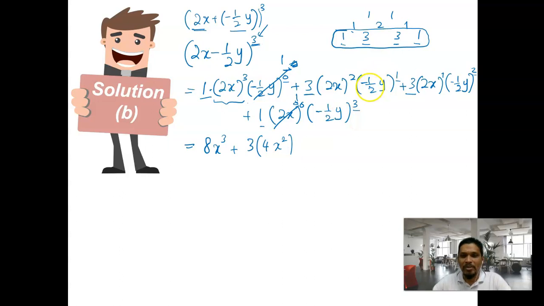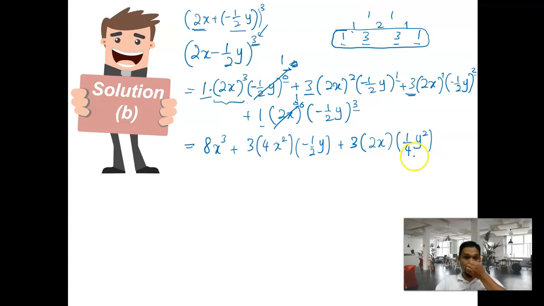And then, what about this one here now? Power of 1 is going to be negative 1/(2y). Plus, okay, now 3. 2 to the power of 1, x to the power of 1 is going to be 2x. And negative times negative is positive. 1/2 squared is 1/4 and y squared. Okay. Plus this one here, we have 1.